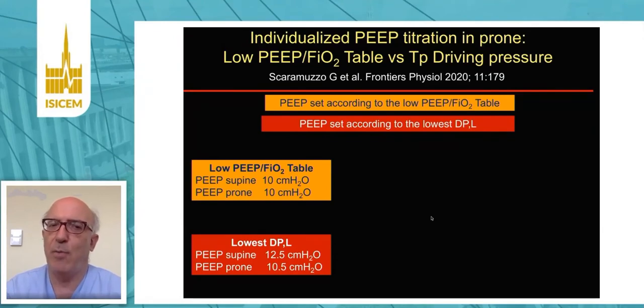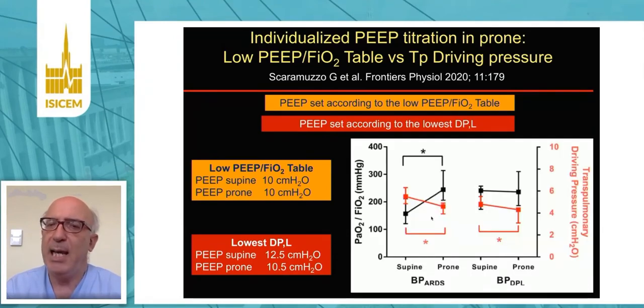Interestingly, when we look at the PO2 table, we found that there was a major improvement in oxygenation. While setting the PEEP according to the lowest driving pressure, there was higher oxygenation in supine, but this was not associated with a further improvement in oxygenation when the animals were prone.